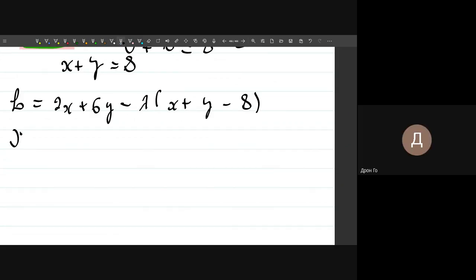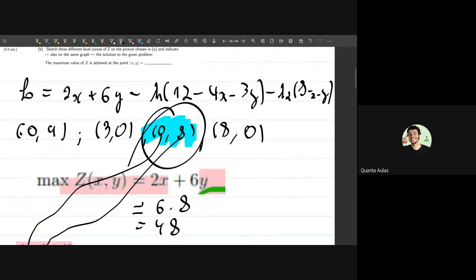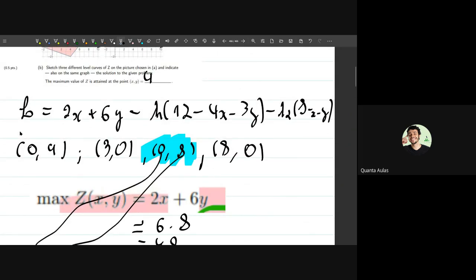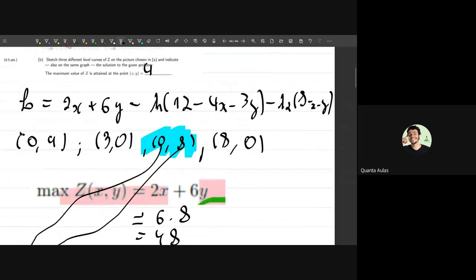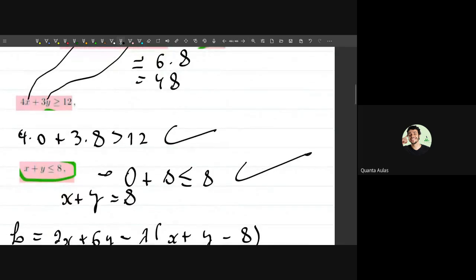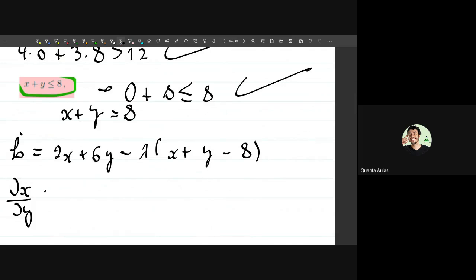Yeah. But for me, I suppose this answer here is enough for this problem. Actually, I suppose 48 is the answer.